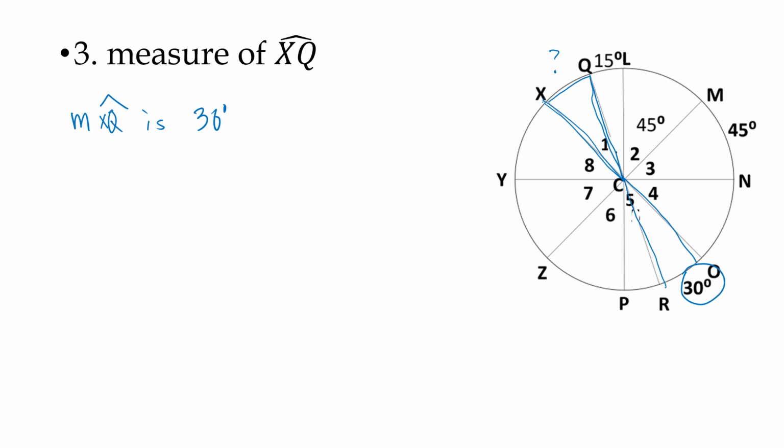The arc XQ is intercepted by angle XCQ, and angle XCQ is congruent to, or is a vertical angle of, angle RCO, and angle RCO is the one that intercepts the arc OR. So that is why they are just the same.